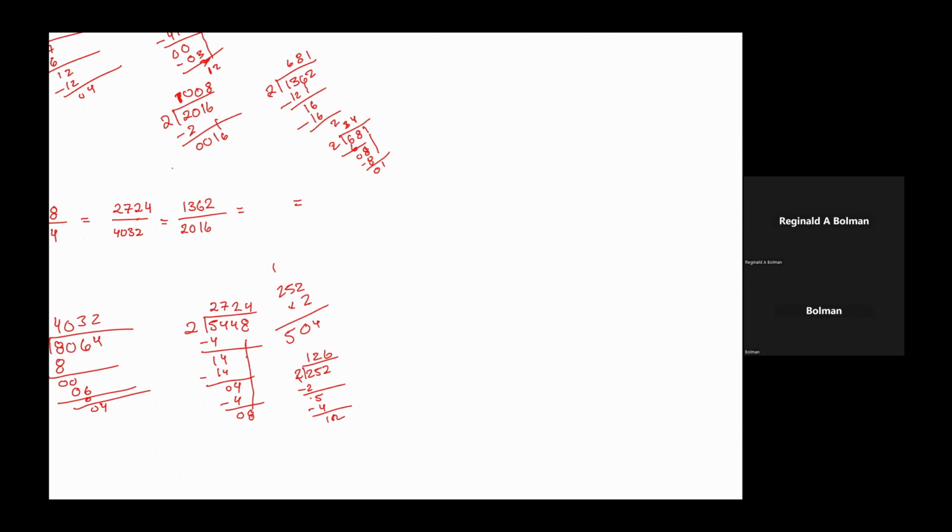So we found we had 681 over 1008. 2 does not divide 681 anymore. 2 is divisible into 1008, but it is unlikely that any multiple of, say, 3 or something else would be divisible into 1008. So at this point, you might say that you are dealing with the most simplified fraction.